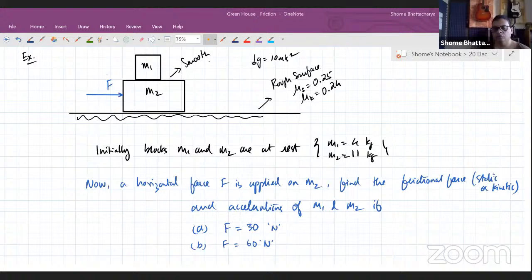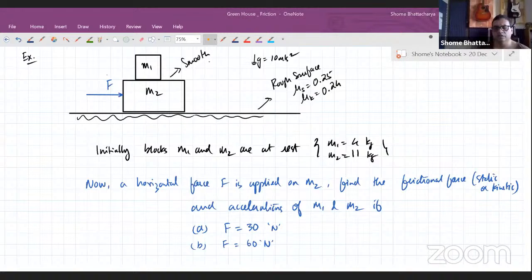Okay, so anybody's worked out how much is the limiting static friction? Yes, Shweta, your answer is correct.